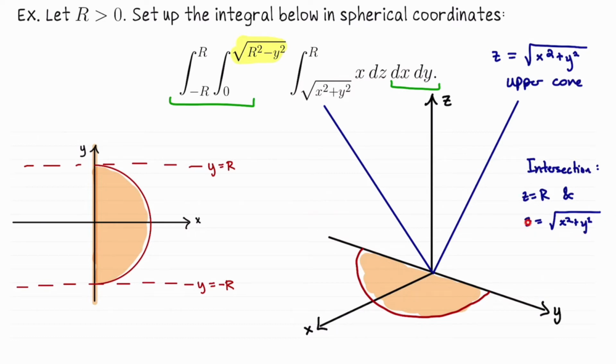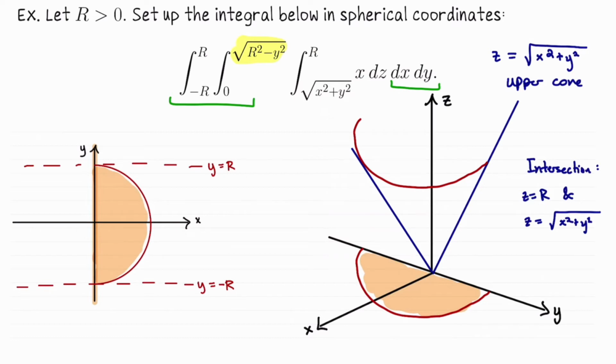So r equals the square root of x squared plus y squared. Or in other words, x squared plus y squared equals r squared. So in terms of the x and y coordinates, it's part of the circle of radius r. That's going to sit directly over this portion of the circle of radius r that we sketched in the xy plane. So because I have the ability to do so, I'm going to copy paste that circle here.